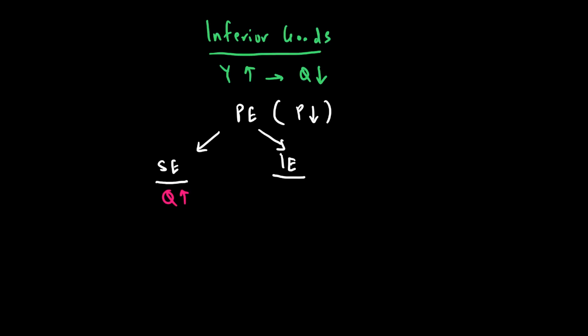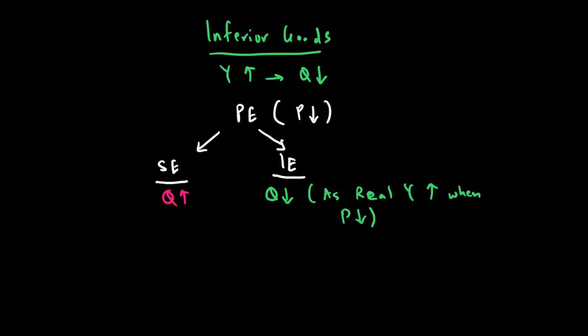But income effect will be different, because income effect says that when the price of a good goes down, you should buy less of this good as real income goes up when price falls. So what we say is that substitution effect is saying buy more, income effect is saying buy less, and so they are kind of contradicting each other.